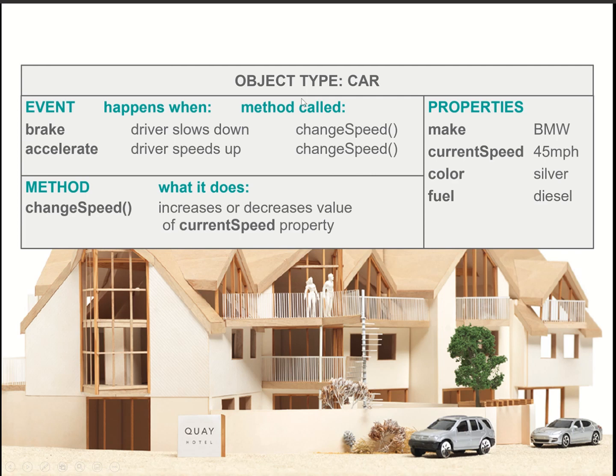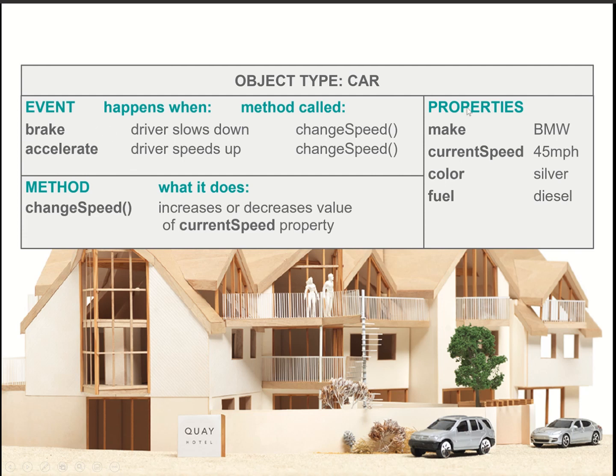Change speed increases or decreases the value of the current speed property, adjusting it based on whether it's braking or accelerating. How many miles it increases or decreases depends on the method. But anyway, we just look at the high-level implementation.